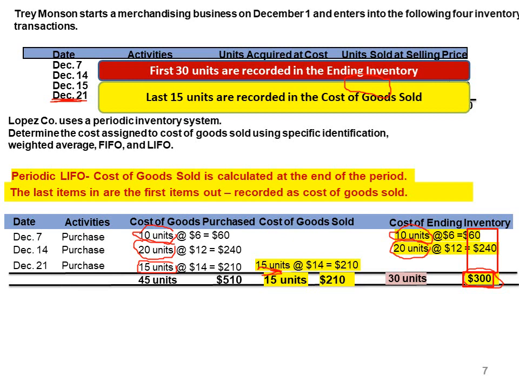All of them were sold, as you can see, because under LIFO, we will sell the most recent units first. So nothing will be left in the ending inventory. So it will be 0 under cost of ending inventory on December 21st. So now we can make our calculations. We will add 60 plus 240 to get total cost of ending inventory equal to 300, as illustrated in the last column.